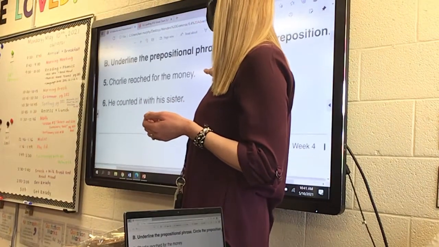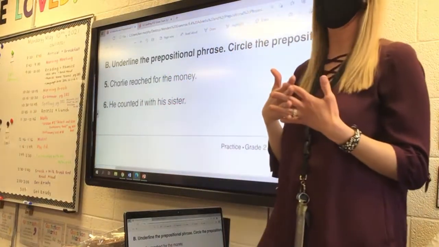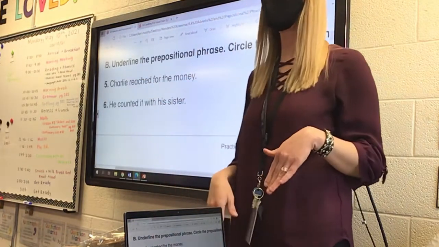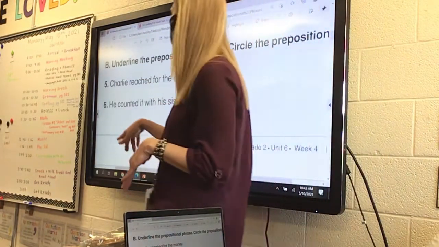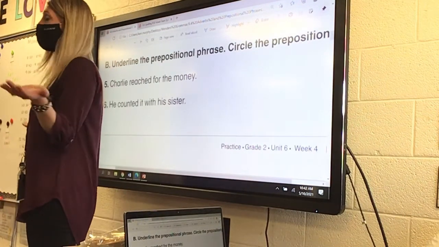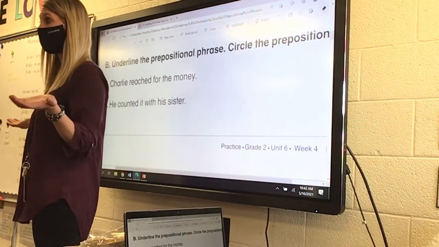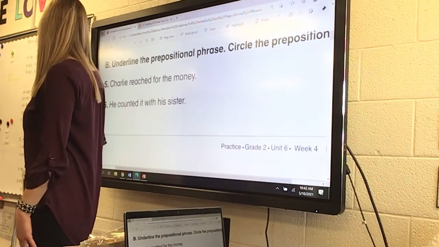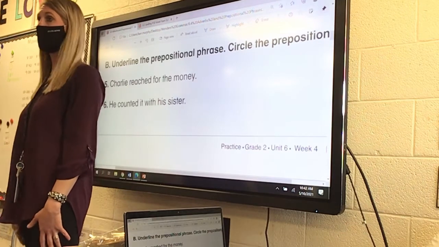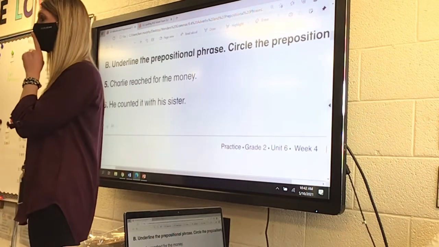At the bottom, I'm going to change this just a little bit. We're going to underline the preposition, okay? Because you're going to talk much more about prepositional phrases in 3rd grade. It's right behind the verb. Can you find it? You can find it.